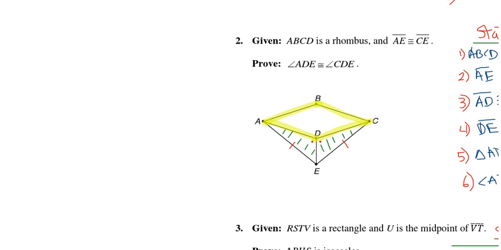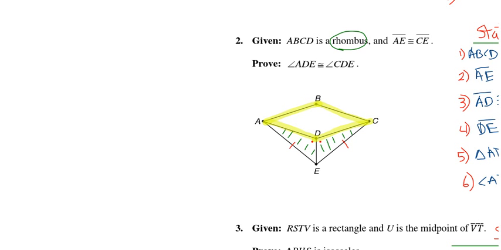And we already have one pair of sides, and it's a rhombus. And that's very important information, because we know that in a rhombus, all the sides are congruent, because the only thing that we have from the rhombus is really the sides. So we're going to use those sides. We know that the sides of a rhombus are congruent. So AD and CD, those are two sides of a rhombus.